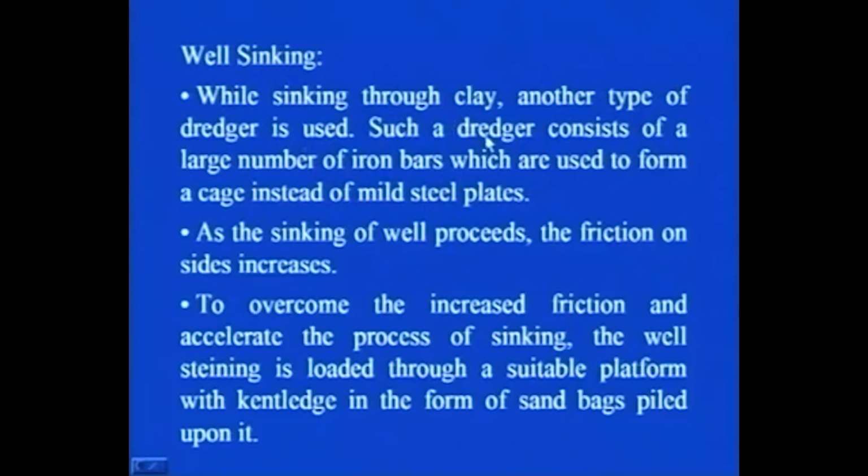While sinking through clay, another type of dredger is used. Such a dredger consists of a large number of iron bars which form a cage instead of mild steel plates. In Bell's dredger we saw mild steel plates and teeth, but in this case it has a large number of iron bars which make a kind of cage.